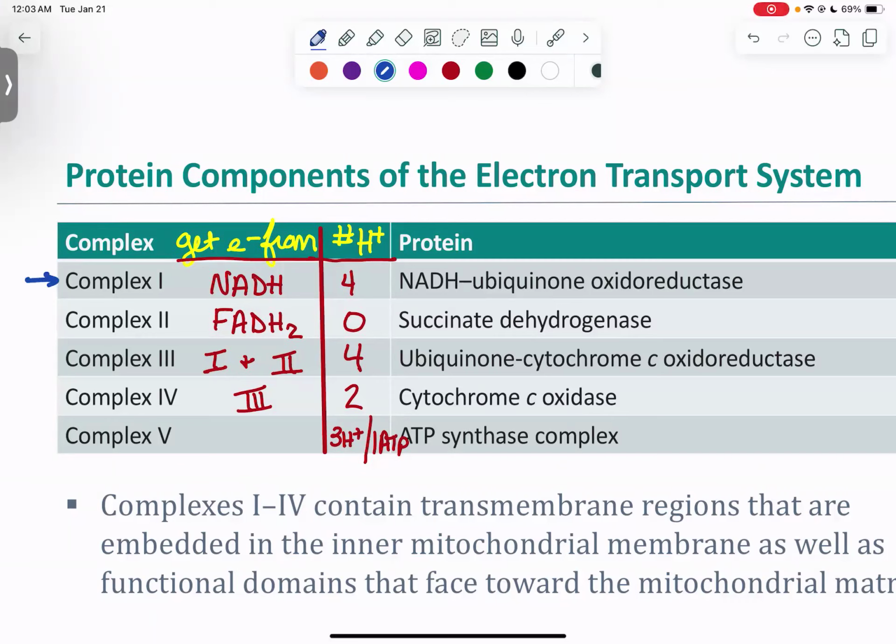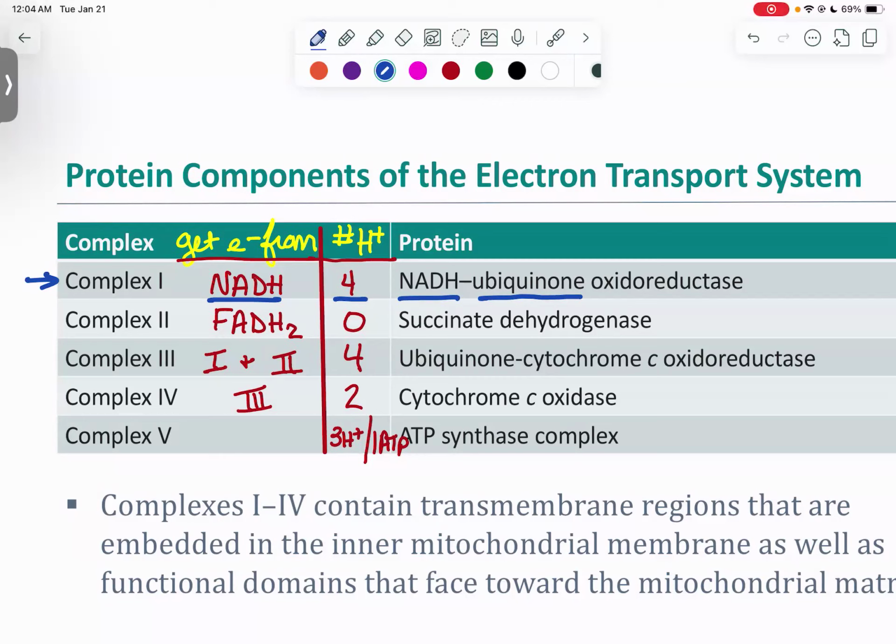So the very first complex gets its electrons from NADH, and it is going to pump 4 protons after it picks up the electrons from NADH. And so we call it NADH because that's where the electrons start. Then it's going to eventually send it to ubiquinone. So that's why we name it NADH ubiquinone.